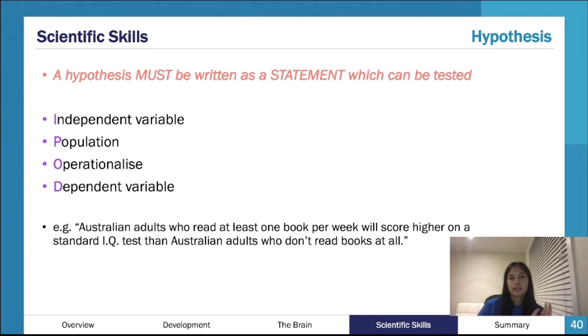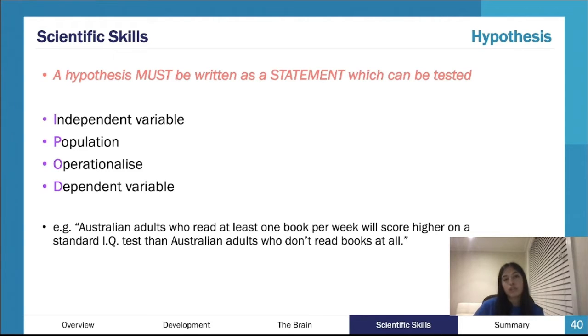It's very easy, and I feel like, again, in your general science and your biology and stuff like that, it's easy to just make the inference of what's going to happen in the experimental group. So Australian adults who read at least 1 book per week will score higher on a standard IQ test. So many students just leave it there. You have to mention your experimental group and your control group.